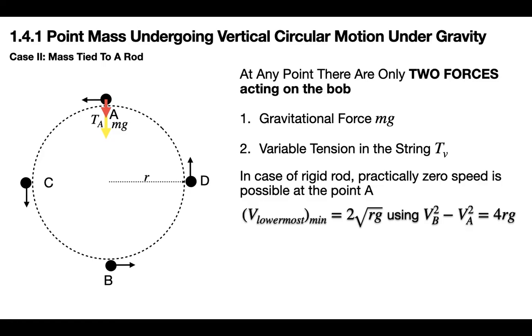So that's the minimum velocity we can get at the lowermost position. So V minimum at C and D is equal to root 2rg, using Vc square minus Va square is equal to 2gr.